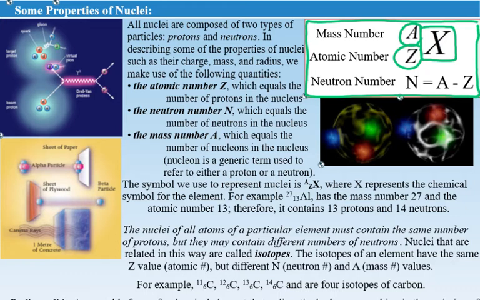That is, a nuclide with Z protons, where Z is the atomic number, can have a variety of different neutron numbers. So nuclides with the same proton number but different neutron numbers are called isotopes. And there are different elements that have a few isotopes.